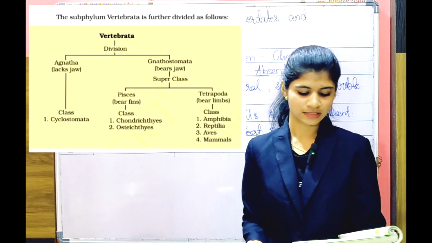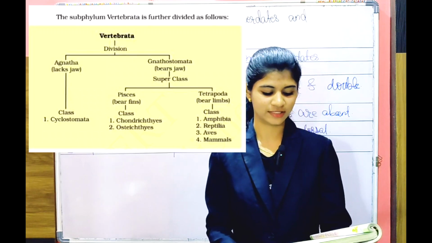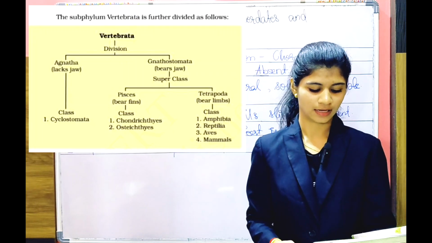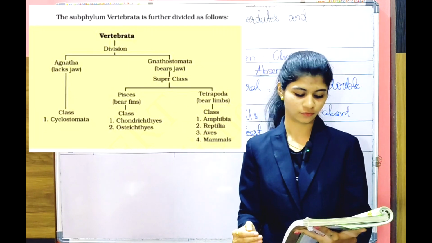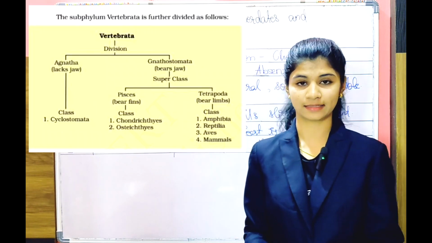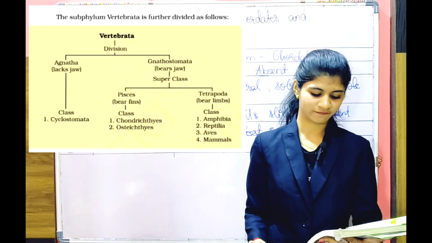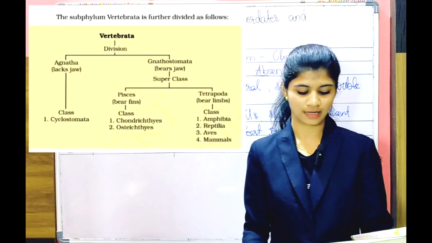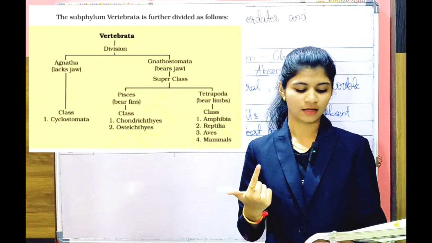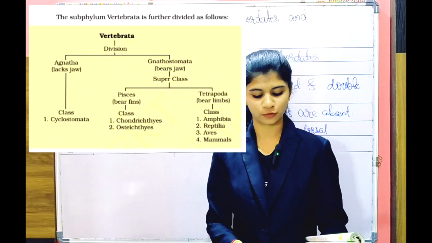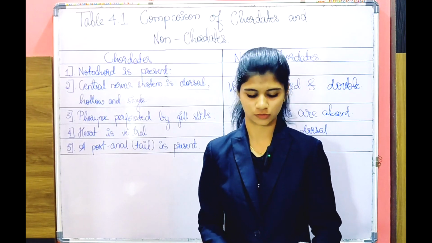One is Pisces, which bear fins, with the classes Chondrichthyes and Osteichthyes. Then another one is Tetrapoda, which bears limbs. It has four classes: Amphibia, Reptilia, Aves and Mammalia. These four are also very interesting, so let us study them in the next videos. Thank you.